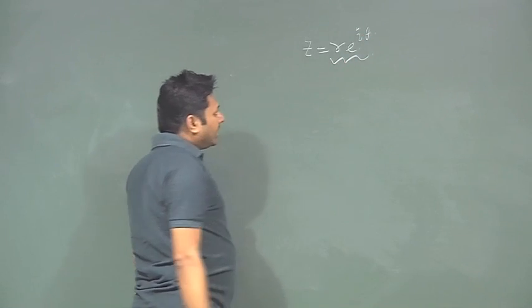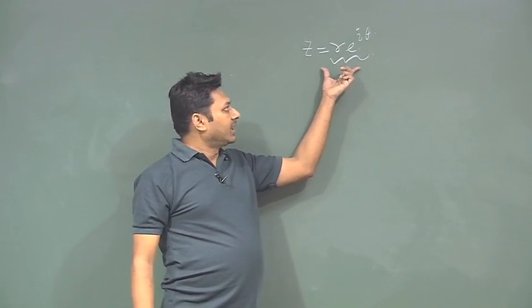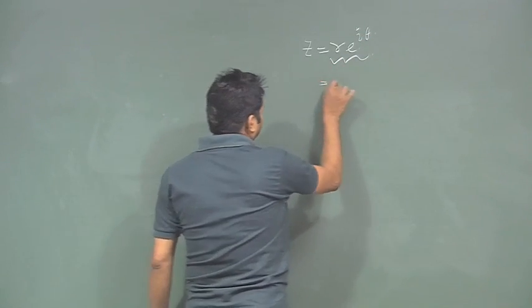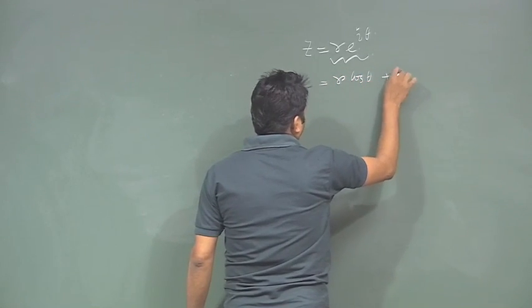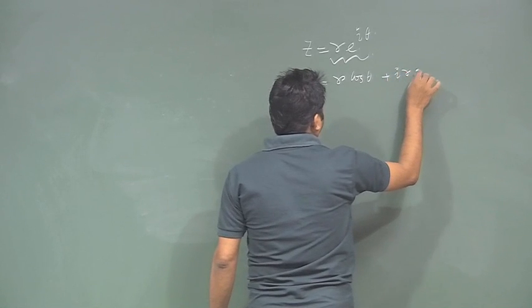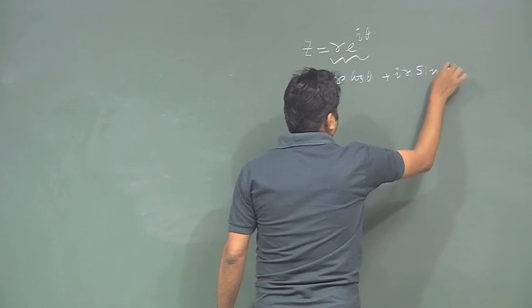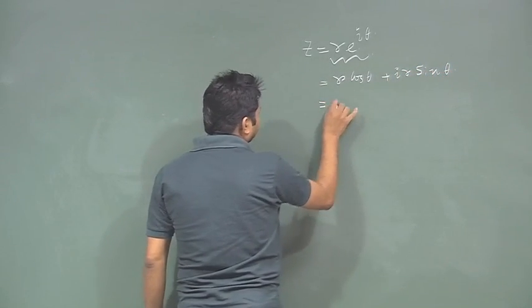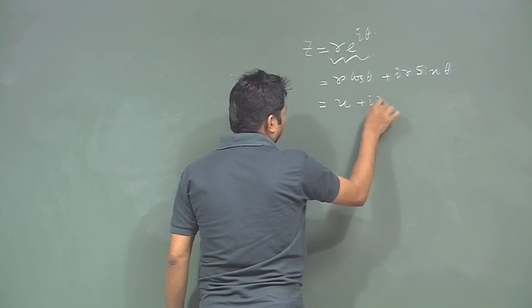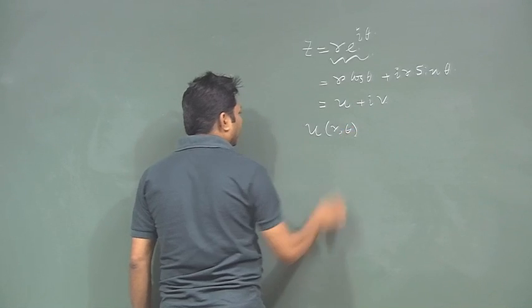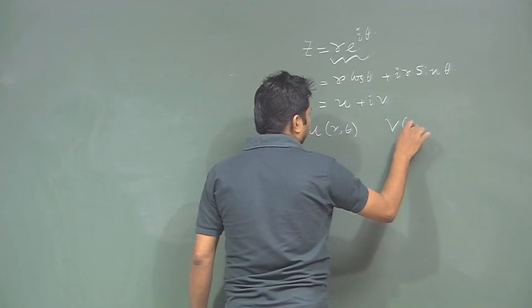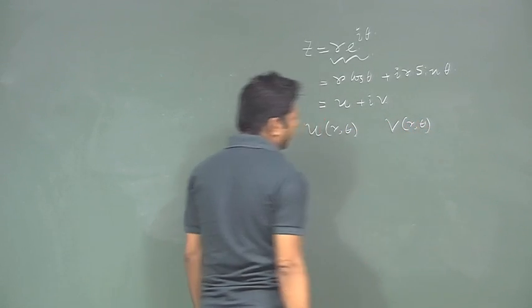Now r e to the power i theta can also be represented as r cos theta plus i r sin theta, and if I write this as u plus i v, then u will be a function of r and theta, and v is a function of r and theta as well.